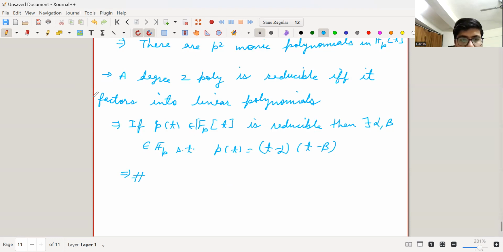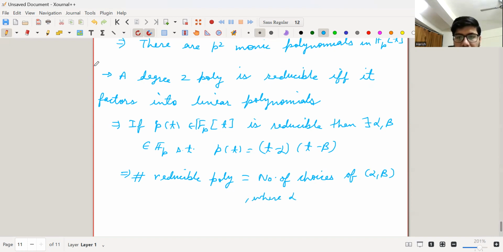This implies the number of reducible polynomials is just the number of choices of the pair alpha, beta, where alpha may or may not be equal to beta.